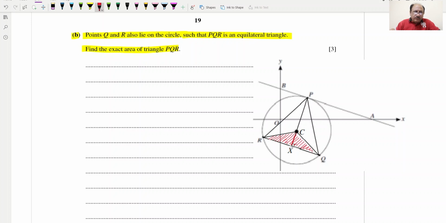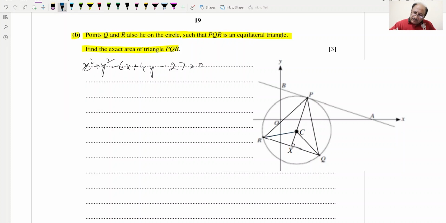So what we can do is take the equation of the circle: x squared plus y squared minus 6x plus 4y minus 27 is equal to 0. Our target is to find the radius. What will our strategy be?